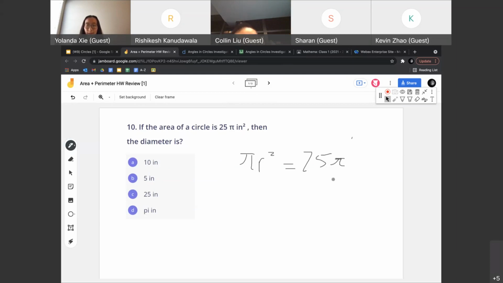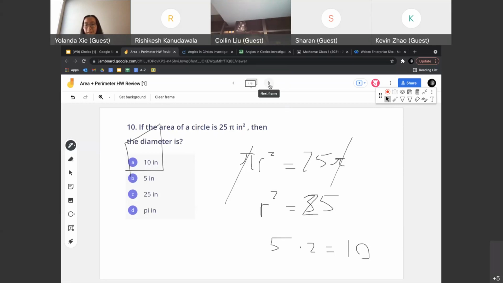And so that means that if we cancel out the pi's, r squared has to equal 25, which means that the radius of this circle has to be 5. Now, diameter is twice the radius, so 5 times 2 is 10. And so the answer here would have been A.